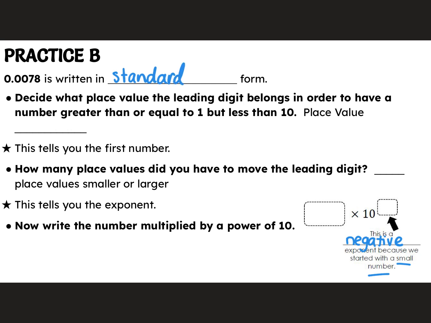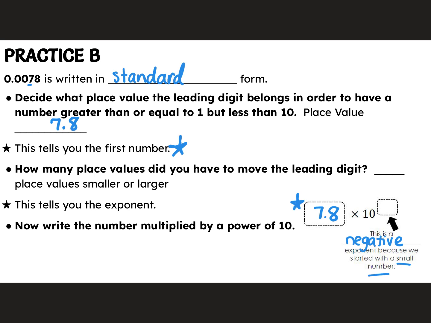How many place values would I have to move this leading digit? It's the first digit that's not a 0, to get it to be greater than or equal to 1 but less than 10. I put the 7 in the ones place, decimal point, and everything falls behind. Remember, this is my first number in my scientific notation. Now I have to figure out what my exponent is going to be.